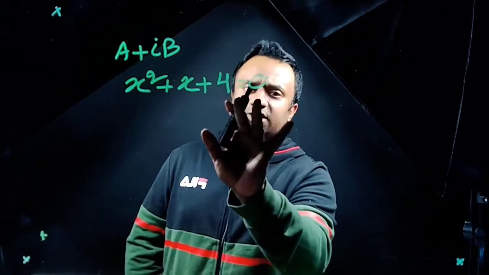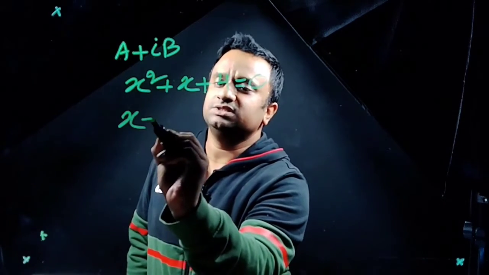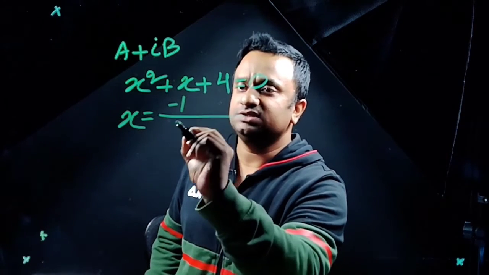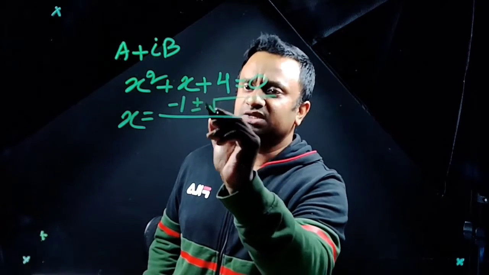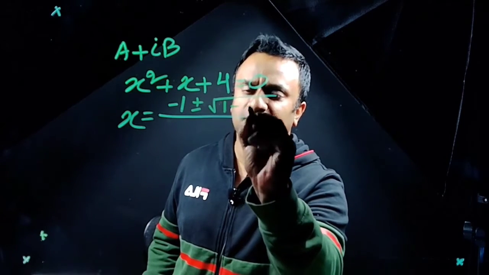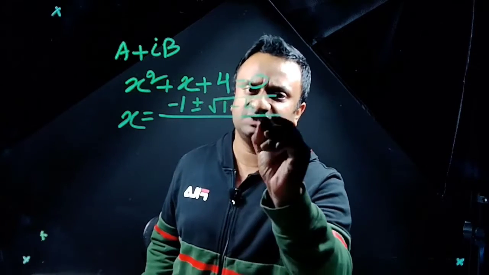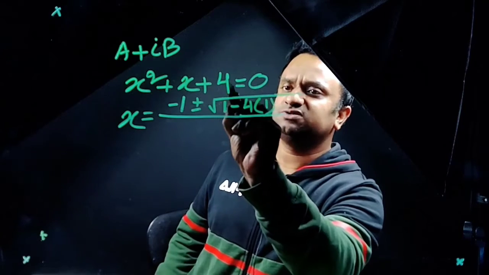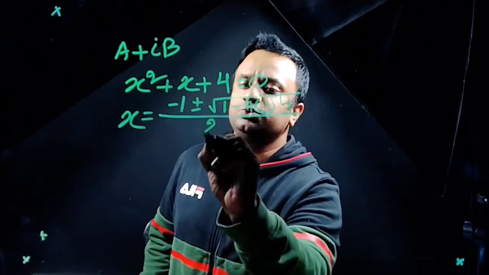This is a quadratic equation and we know the quadratic formula: x equals minus b, here b is 1, plus minus root over b squared minus 4ac, where a is the coefficient of x squared, so it's 1, and c is the constant term, that is 4, all divided by 2a.